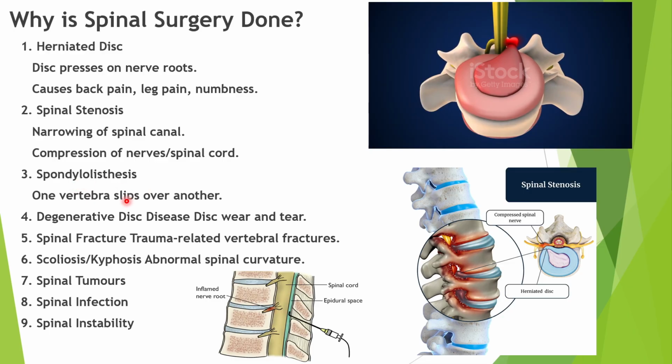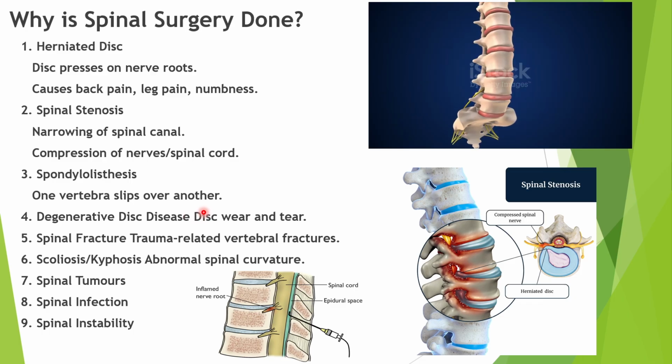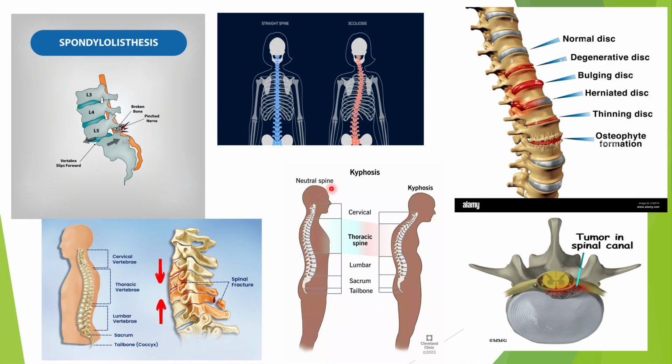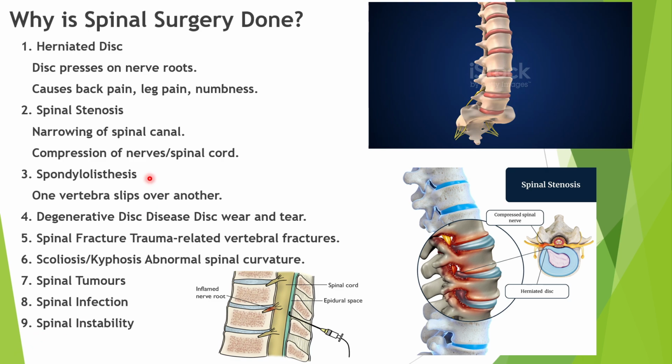Now next, that is spondylolisthesis, where one of the vertebrae slips over another. You can see here, in spondylolisthesis one of the vertebrae slips over another, causing pain and nerve compression.